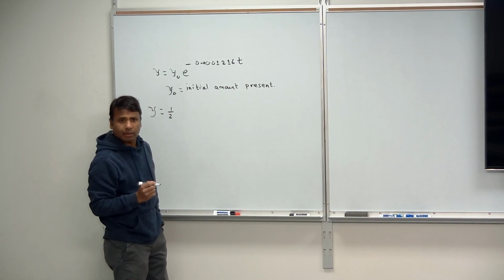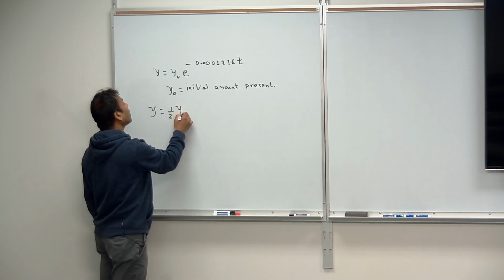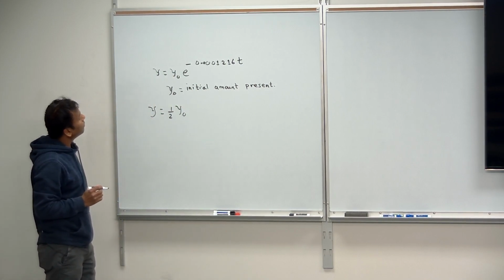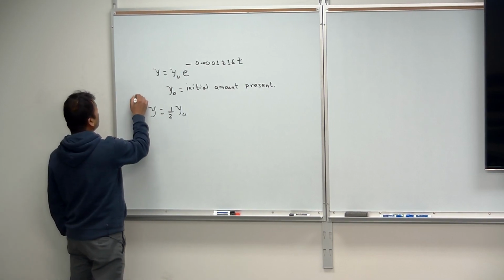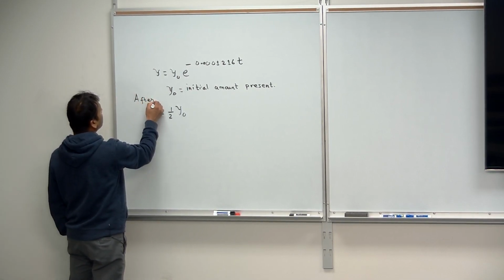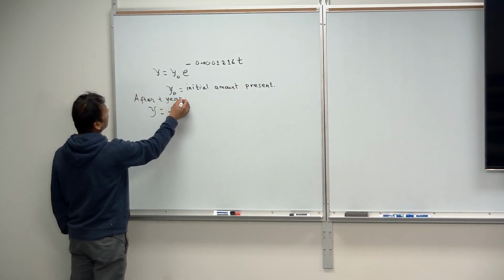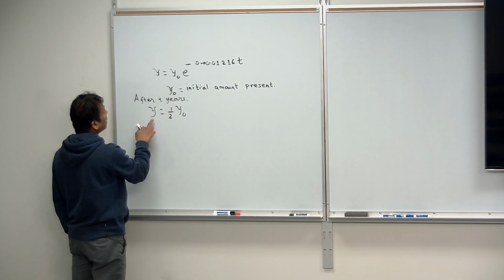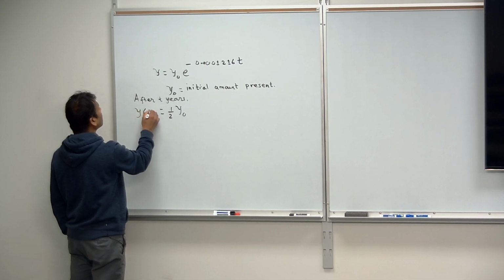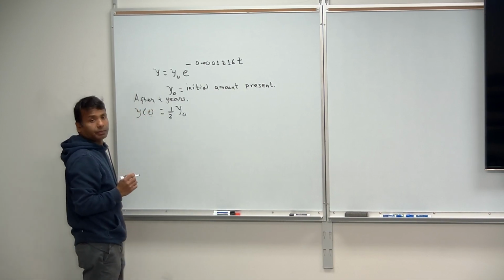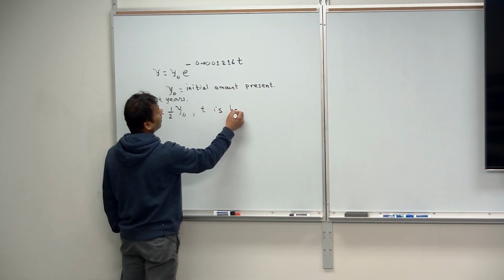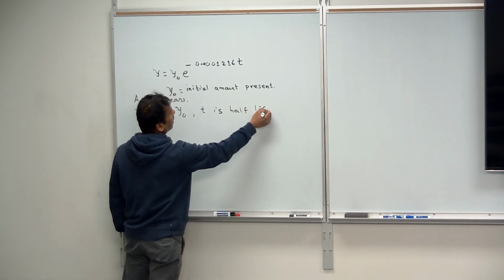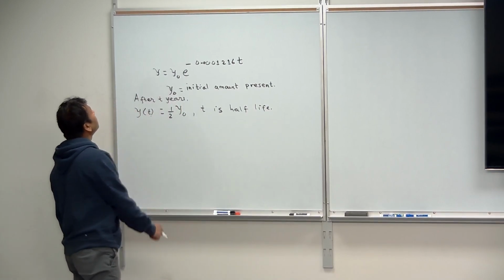Does that make sense? Let's say after t years, the amount after t years, which is y t, is half of y0. So this t is the half-life. Make sense?